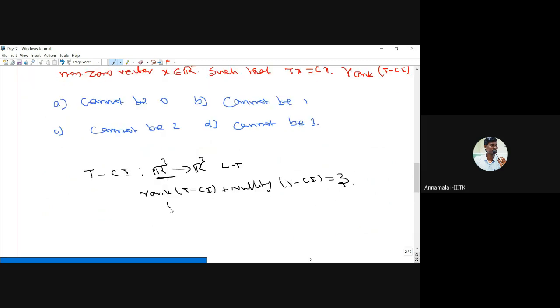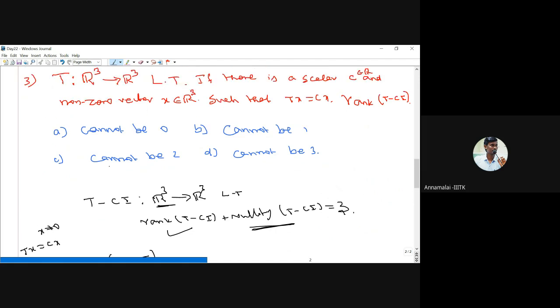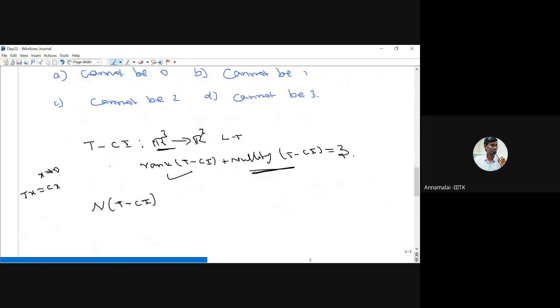Now we have to find the value of this rank of T minus cI, and therefore we have to check the null space. Nullity is nothing but the dimension of the null space, that is N of T. So first we have to check whether N of T minus cI contains any non-zero element or not. It is given that Tx equals c times x, where x is non-zero.